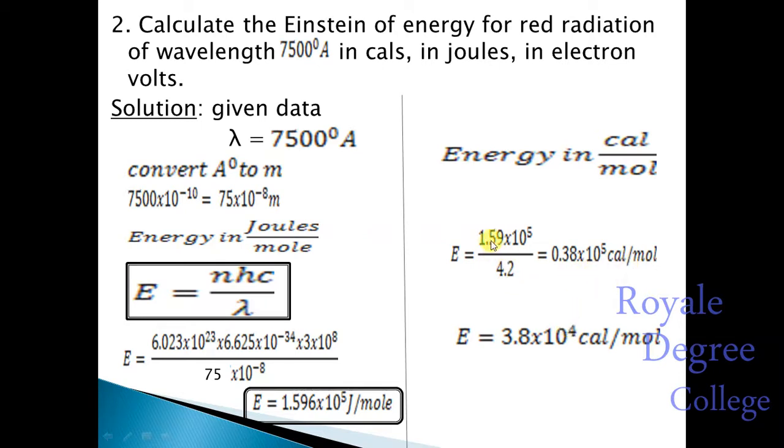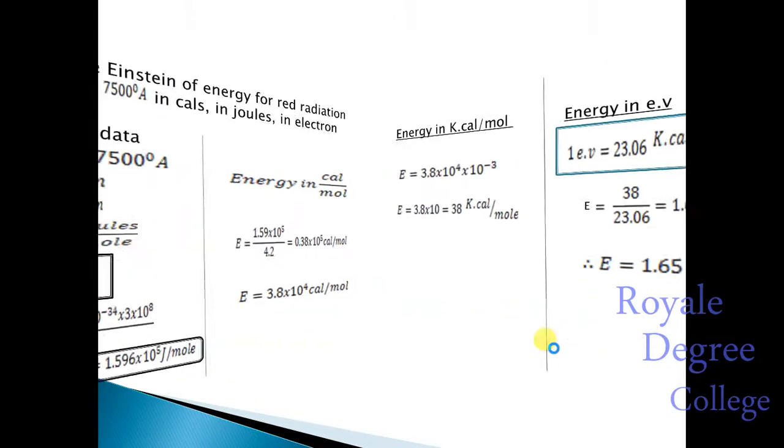It is the value of Einstein's of energy in calories per mole. Now if we move the decimal point one digit to the right, the power decreases by one, so you will get E as 3.8 into 10 to the power 4 calories per mole.